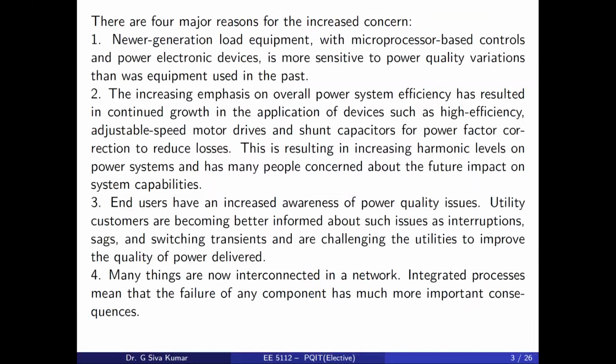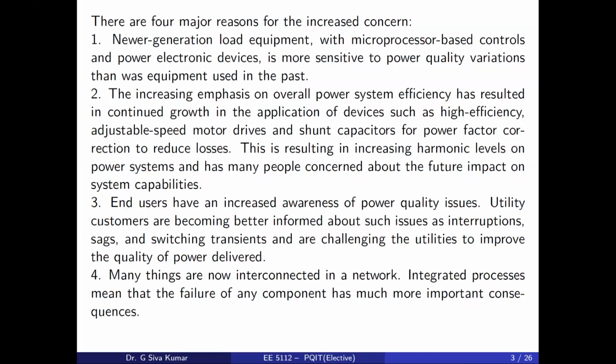Next point is the increasing emphasis on overall power system efficiency has resulted in continued growth in the application of devices such as high efficiency adjustable speed drives, and shunt capacitors for power factor correction to reduce losses. This is resulting in increasing harmonic levels on power systems and has many people concerned about the future impact on system capabilities.